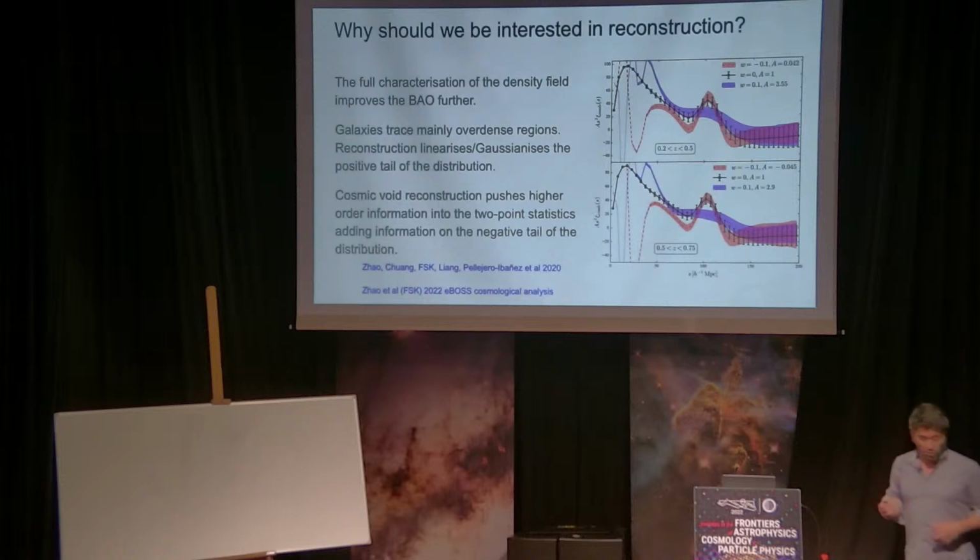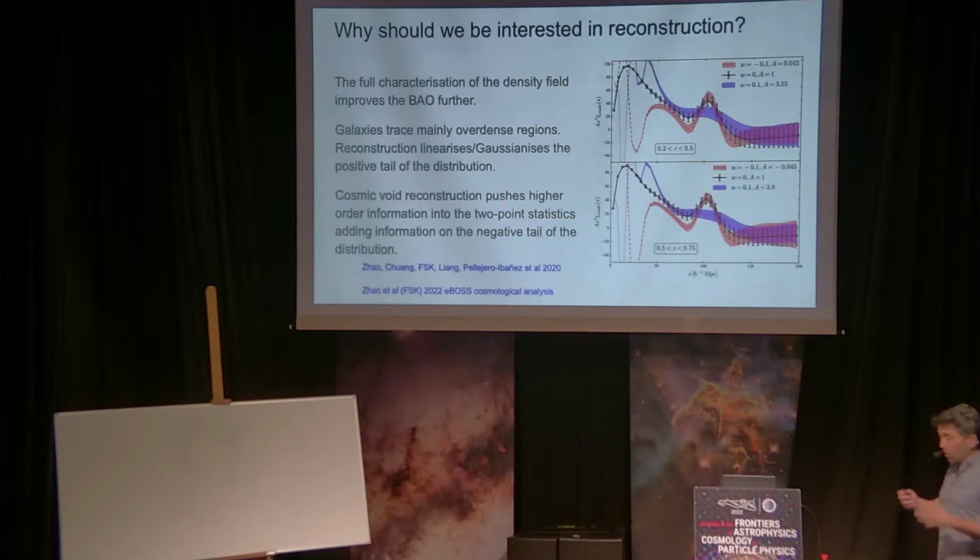However, using this void reconstruction as I have presented is very useful to combine it with the galaxy distribution and obtain the tightest constraints in BAOs so far. And those have been done by combining both data sets.